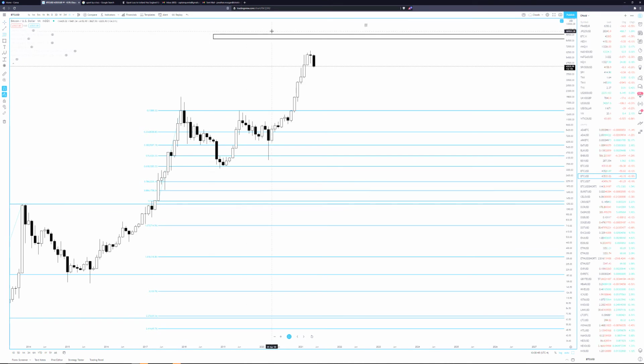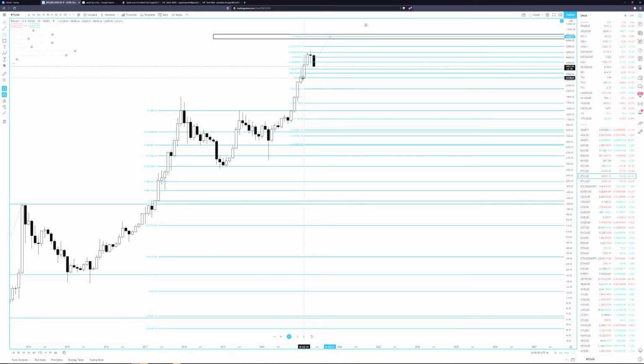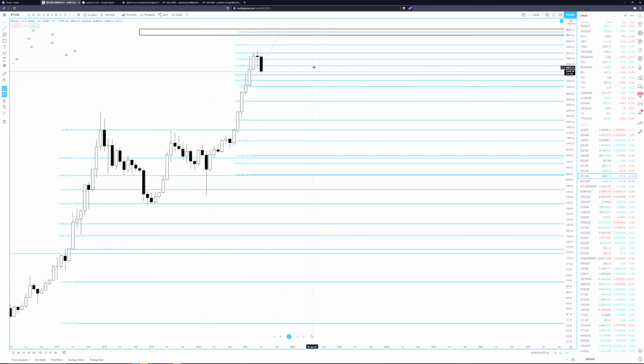So if we get up to 100K, our retracement might not exceed below 48K. That's what this is saying. That's the 618 retracement.